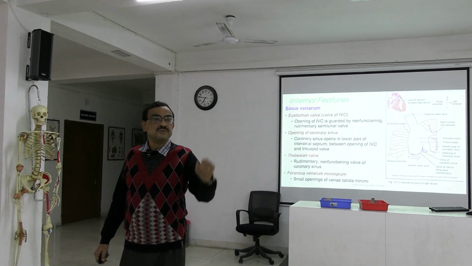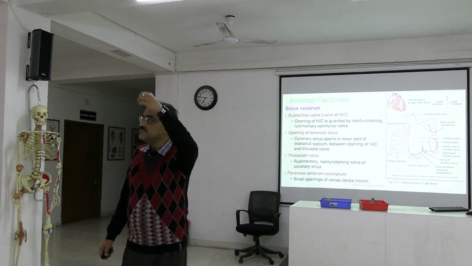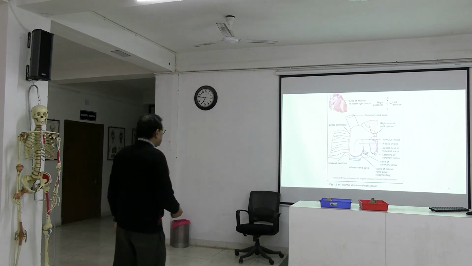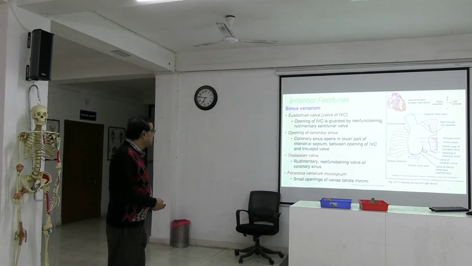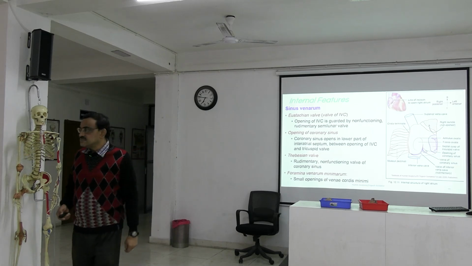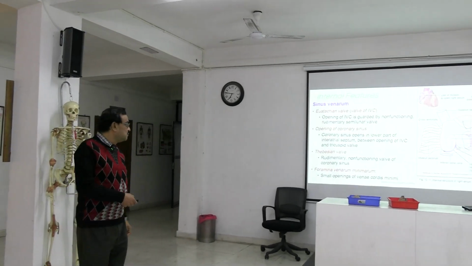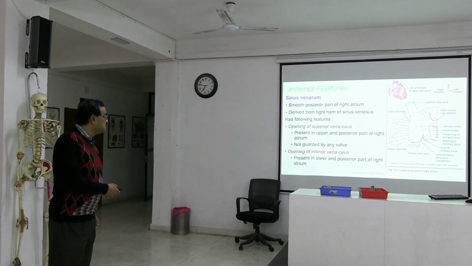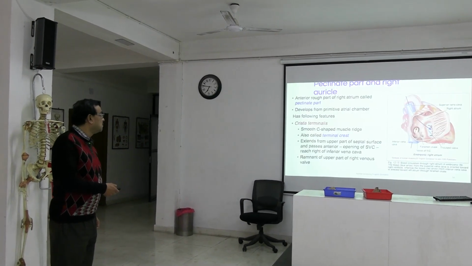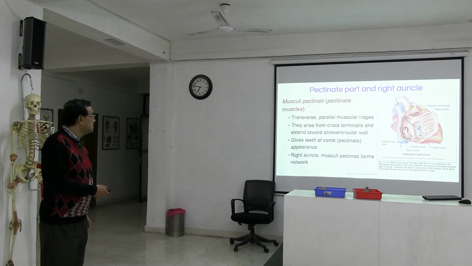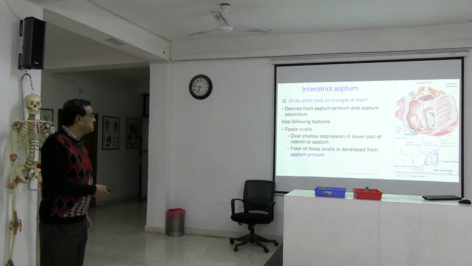Those are the openings of some cardiac veins. So foramina means foramen, venarum means veins, minimarum means small. The same thing: crista terminalis, musculi pectinati, and everything.